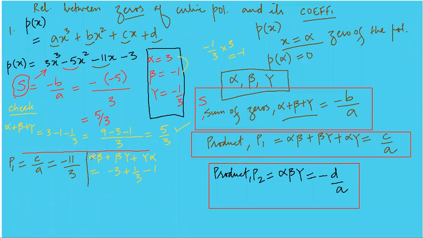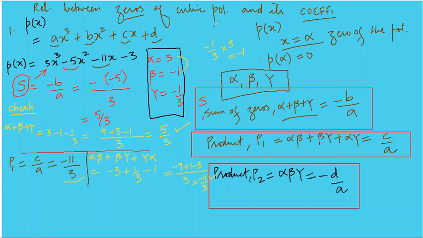Right? So alpha beta I got -3, beta gamma 1 by 3, and -1. Well, if you take 3 as the denominator, it becomes -9 plus 1 minus 3. So this is equal to -9 minus 3 is -12 plus 1 is -11 by 3. The second check is also correct, -11 by 3.